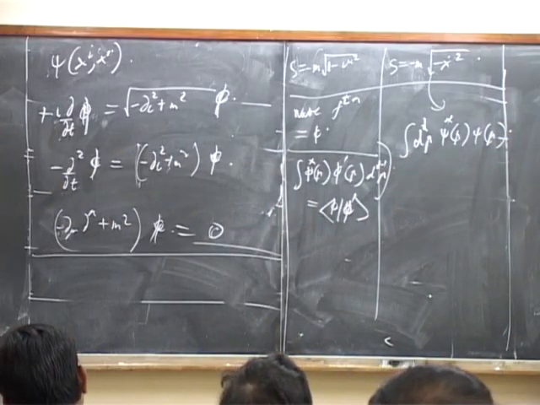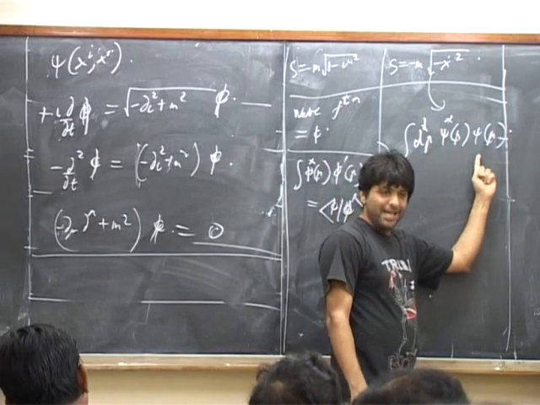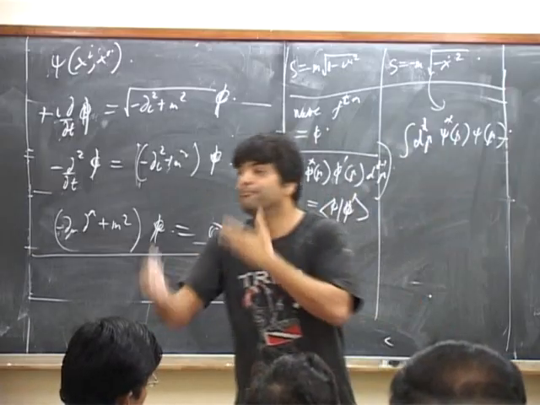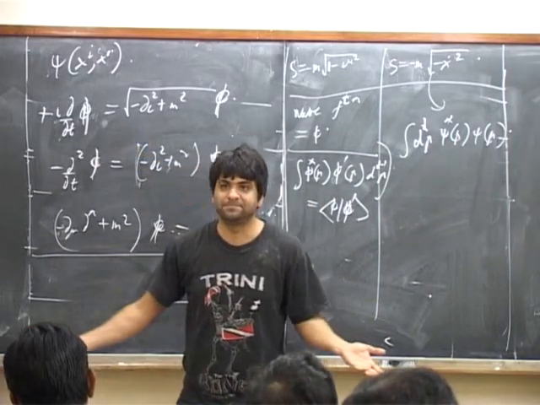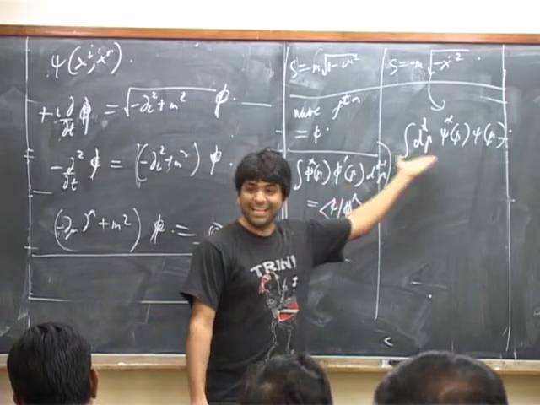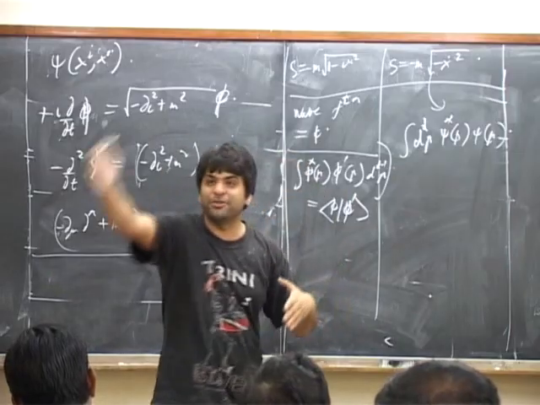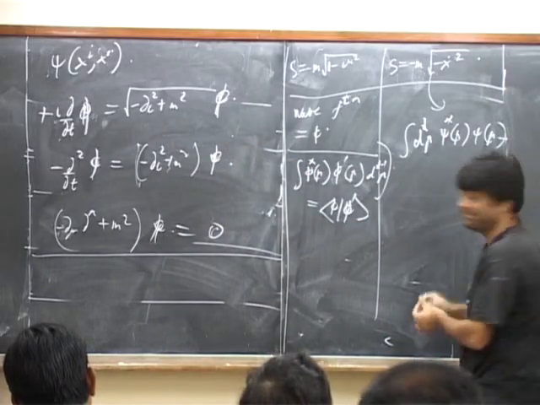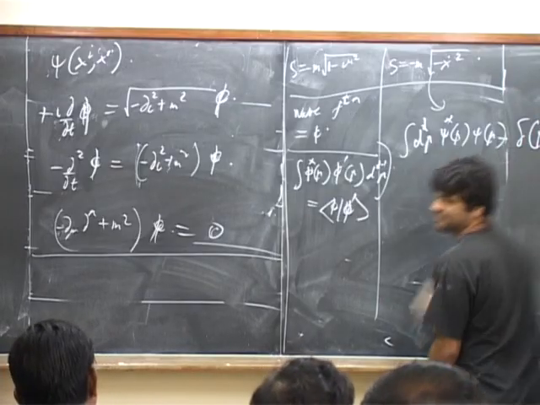Except that makes no sense, because we know that this psi satisfies the constraint that it only has non-zero support on those momenta that obey the equation p squared plus m squared equals 0. So this would just be 0. So let's enhance the contribution from that surface, and let's do it in a Lorentz invariant manner. What we do is put in a delta of p squared plus m squared.